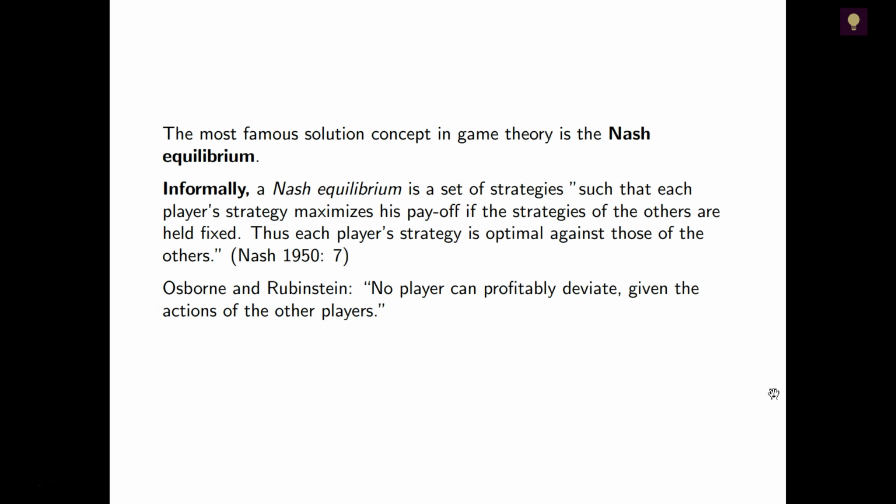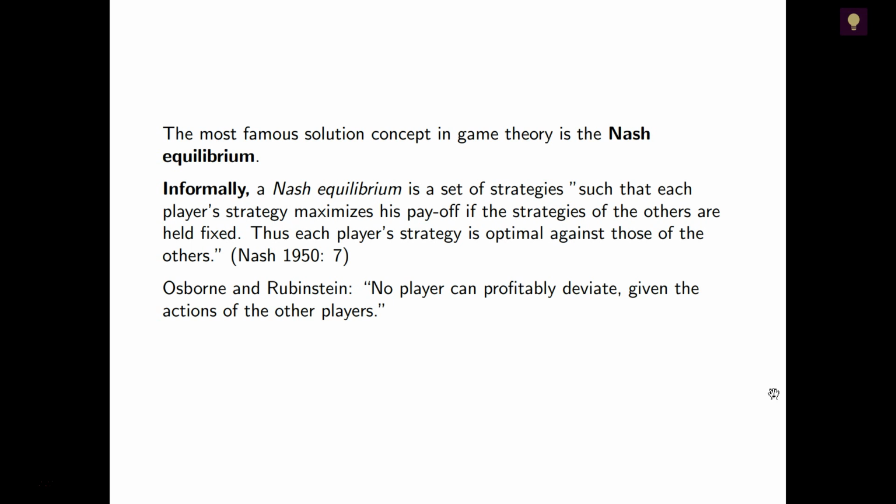Informally, a Nash Equilibrium is a set of strategies such that each player's strategy maximizes his payoff if the strategies of the others are held fixed. Thus, each player's strategy is optimal against those of the other players. Osborne and Rubinstein put it this way: no player can profitably deviate given the actions of the other players.